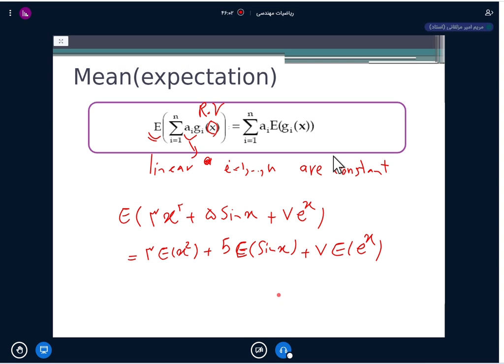And now how can we compute, for example, the expectation of sine x?